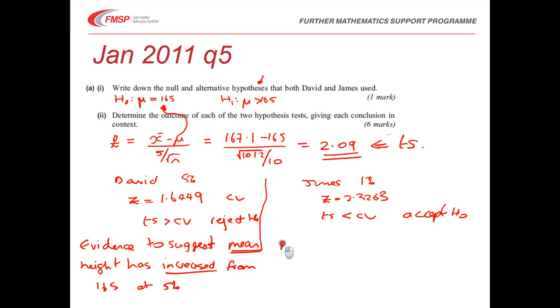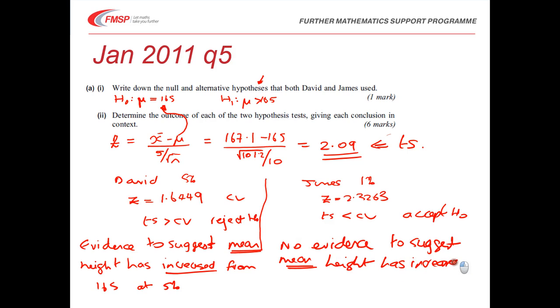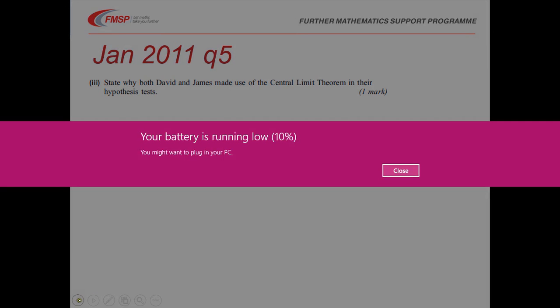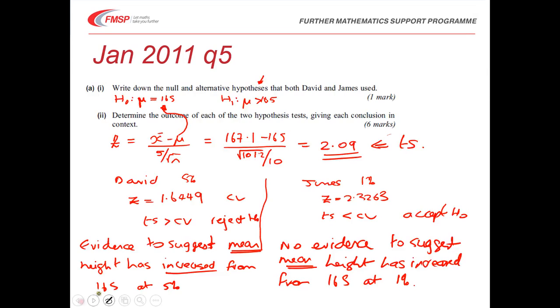Whereas here we're going to say there is no evidence. And again, please don't be lazy, write it all in full. No evidence to suggest the mean height has increased from 165 at 1%. Just make sure you've got the full idea there.